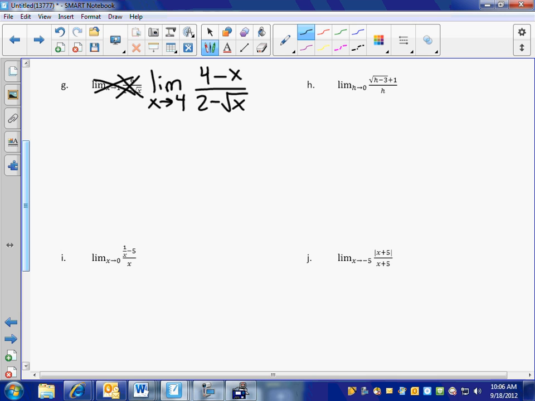And let's change h to the square root of h plus 9 minus 3 over h.